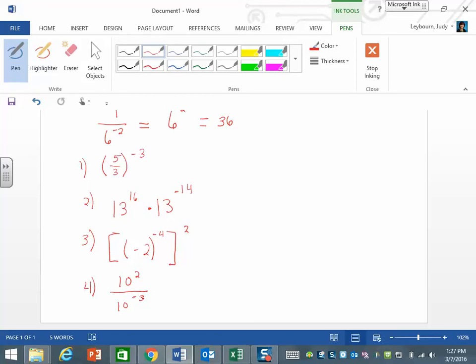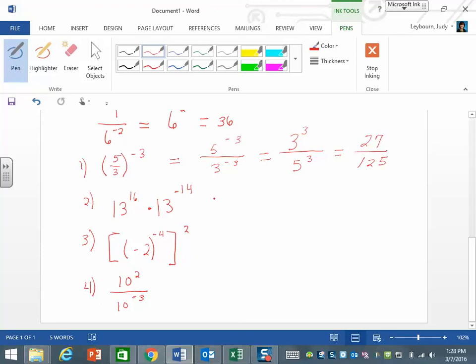Okay, so this problem would be 5 to the -3rd over 3 to the -3rd. Again, I need to take the reciprocal, and so I'd have the 5 to the 3rd in the denominator and the 3 to the 3rd in the numerator, and I could say that it's equal to 27 over 125.